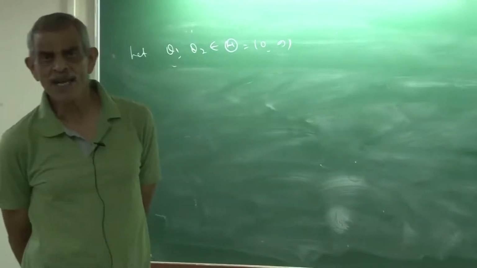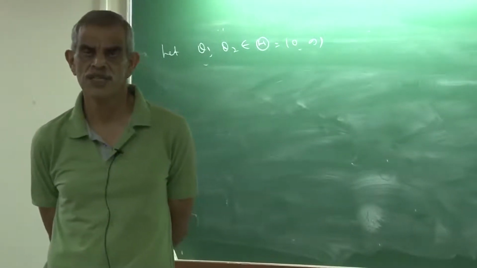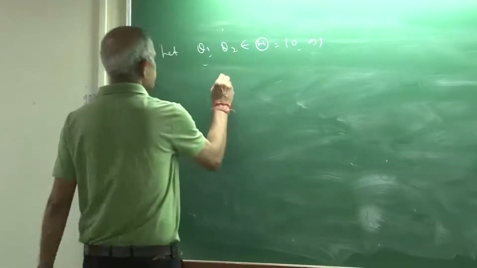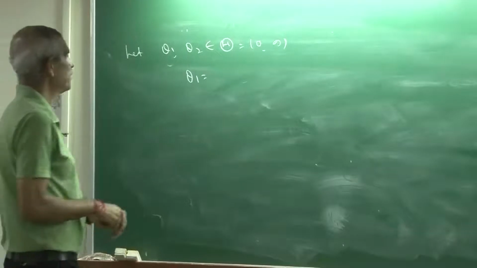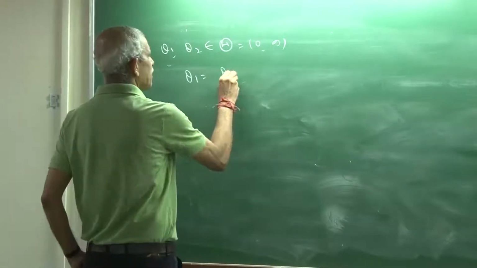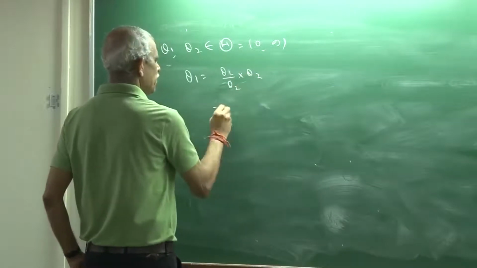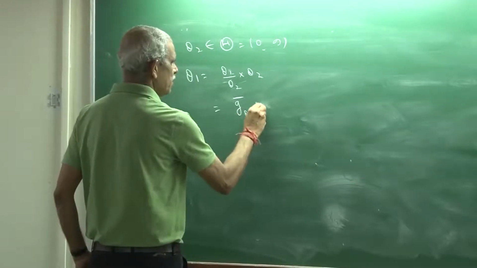So to show that G bar acts transitively on theta, what I have to show is theta 1 is related to theta 2 through some G bar C. And that is not difficult because theta 1 can be written as theta 1 by theta 2 into theta 2, which is nothing but G bar of theta 1 by theta 2, theta 2.